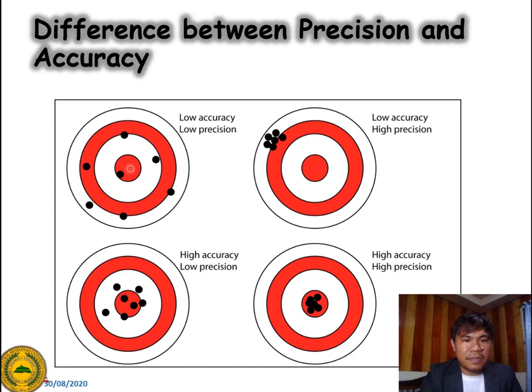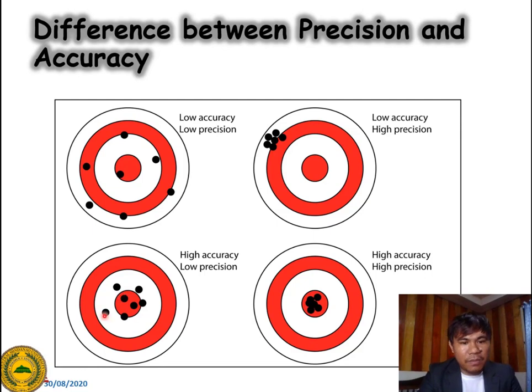Also, they are far from the center, which is the standard. Now, moving to the upper right, notice that all the black dots are closely positioned, but they are far from the standard. So we say that this measurement is not accurate, but it is precise.